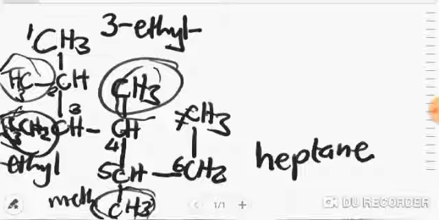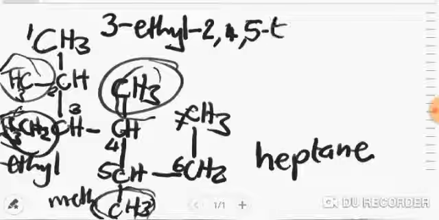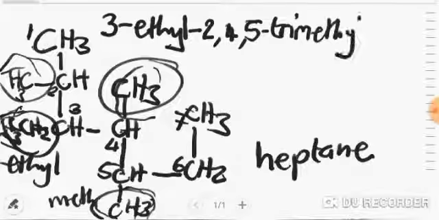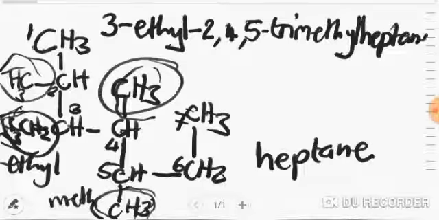And then on position number 2 we have a methyl, position number 4 we have another methyl, and position number 5 we also have another methyl. So we have 3 methyls, which means it's a trimethyl. Trimethyl heptane. That's the parent name.